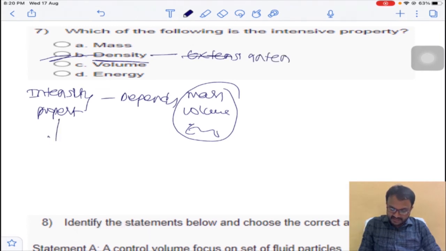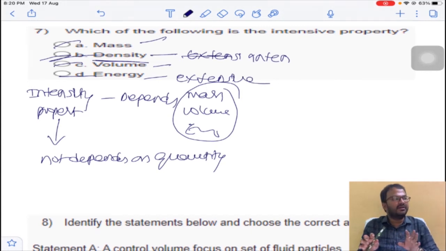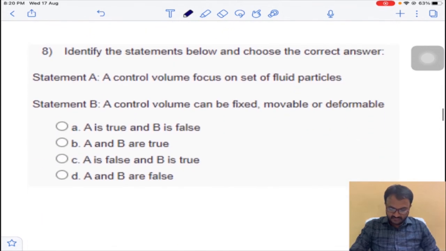So I am writing the definition: intensive property does not depend on quantity. Here mass is a quantity, volume is a quantity, energy is a quantity. So A, C, D are extensive properties. Extensive properties, they depend upon quantity. Clear? Now, next question.